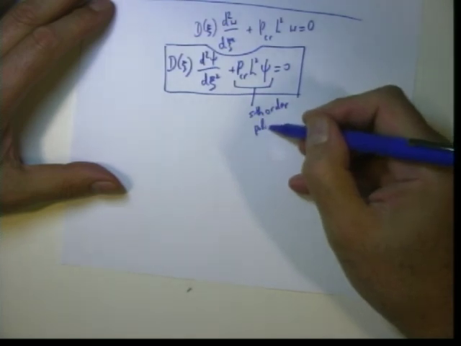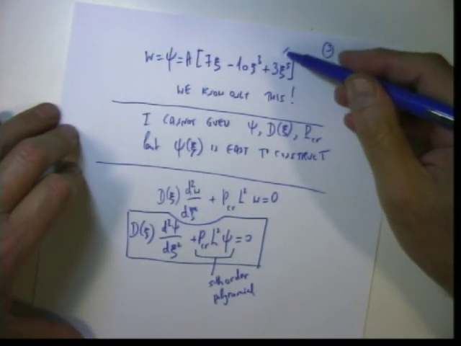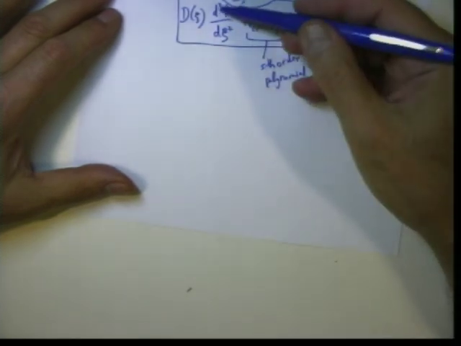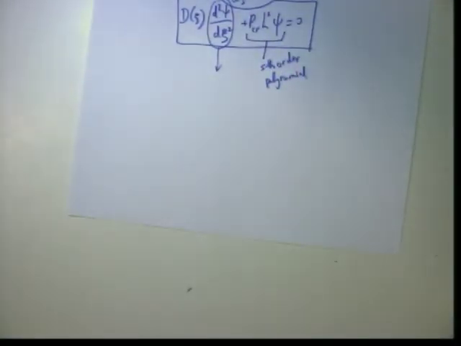We see here psi in fifth power. Now then this guy will be third order polynomial.